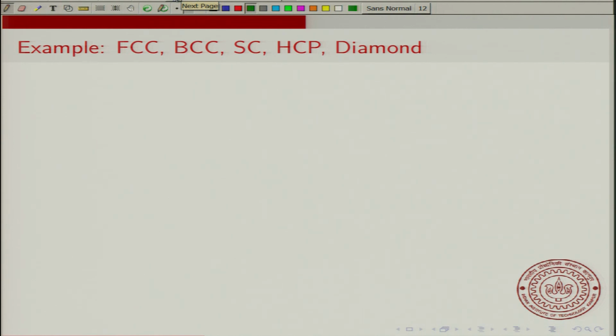If you have FCC, then what is the coordination number of the atoms? Here, I will show one conventional unit cell of the FCC, the cubic unit cell, with the atoms at the corners and the atoms at the face centers.